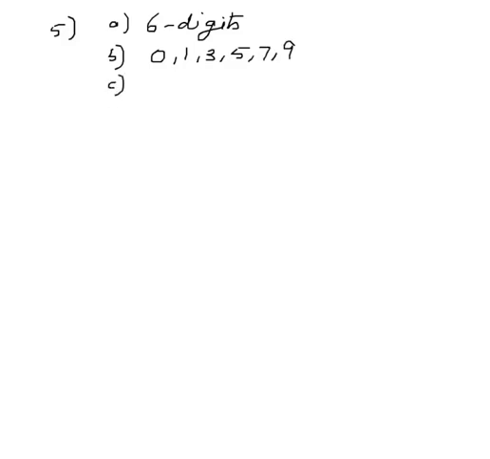The third condition is it should be divisible by 10. And the fourth condition is no digit is repeated. Now you have to consider all these 4 conditions and calculate.